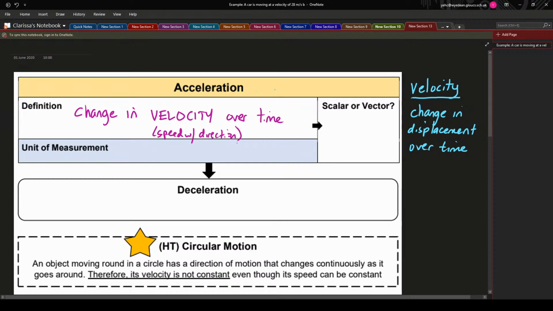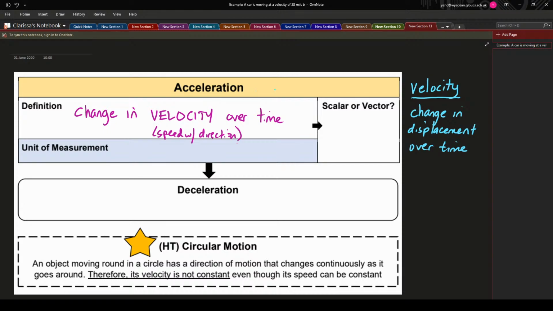That's it. So it's a change in this velocity, speed with direction, over time. So if you're in a car and you're speeding up or slowing down, you have a bit of acceleration because your speed is not constant, it's not the same, where you're not going at a steady speed, it's changing.